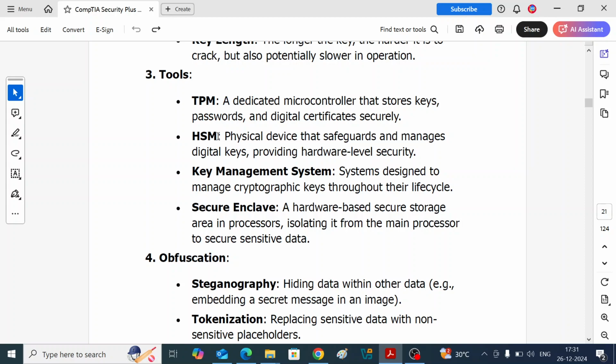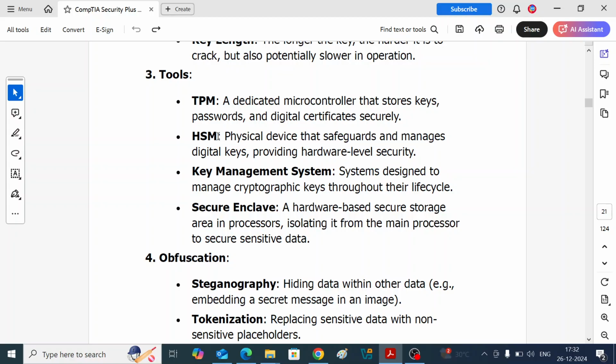Basically, it's hard drive disk encryption, right? The hard drive is encrypted here. It's not the software or any application that is encrypted, but the hard drive, the hardware part of it. It is a specialized hardware component designed to secure hardware by integrating cryptographic keys into devices. So here we are integrating cryptographic keys into devices.